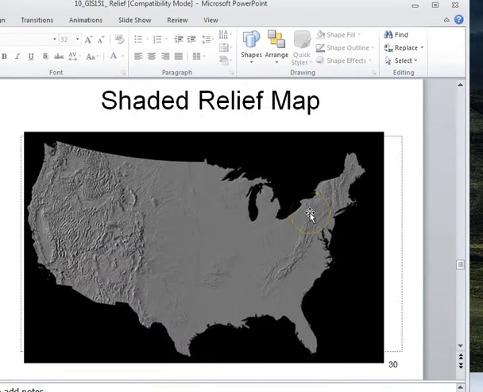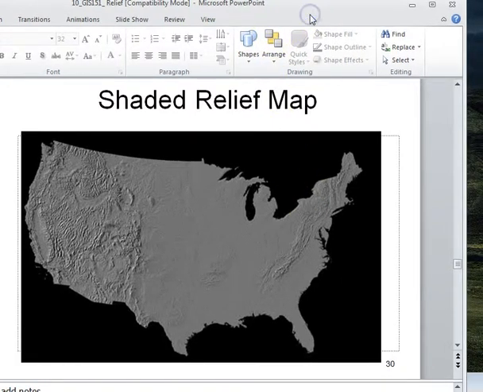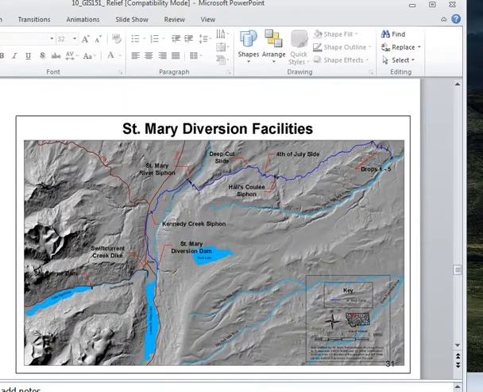Here's just shaded relief of the U.S. This is done with something called a digital elevation model, and we'll play with those a little bit maybe next week. I don't know how much, I just know that it's higher.